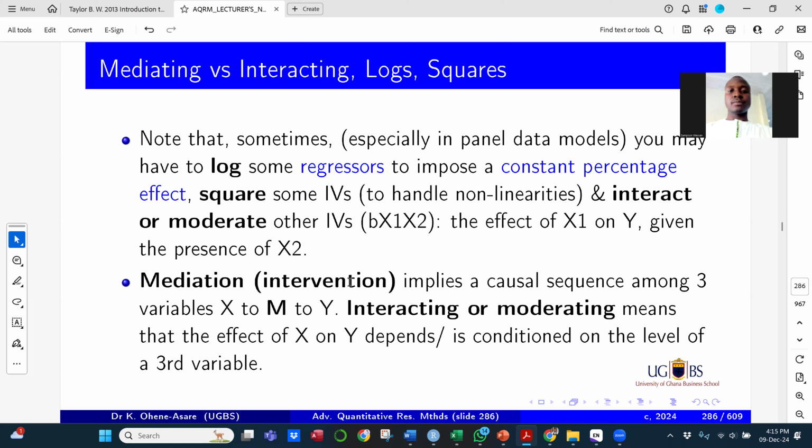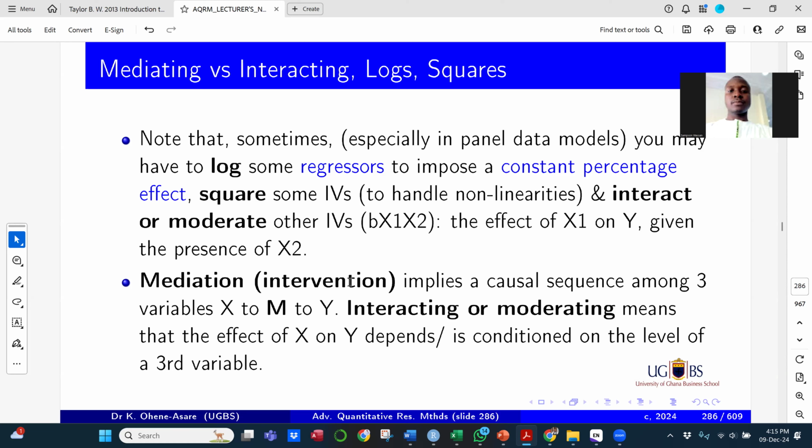I wanted to ask a question about the interaction. Assuming that the two independent variables that are being interacted were not significant separately, could they be interacted to become significant?